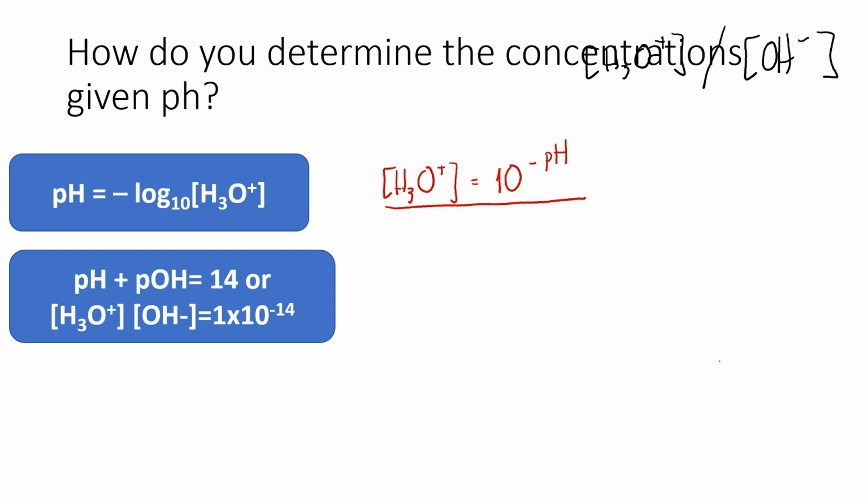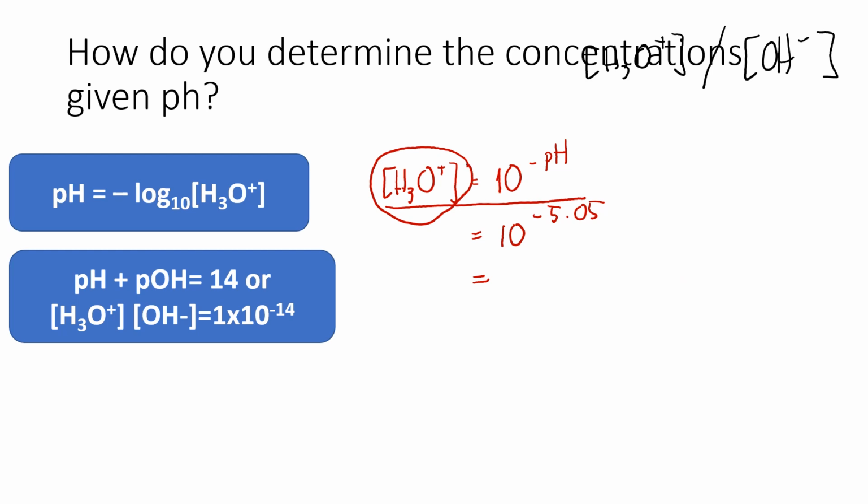So we get another item from your activity for Unit 3, where the given value is 5.05. If your pH is 5.05, we just plug it in here, 10 raised to negative 5.05, so that we can get the value for the hydronium ion concentration.